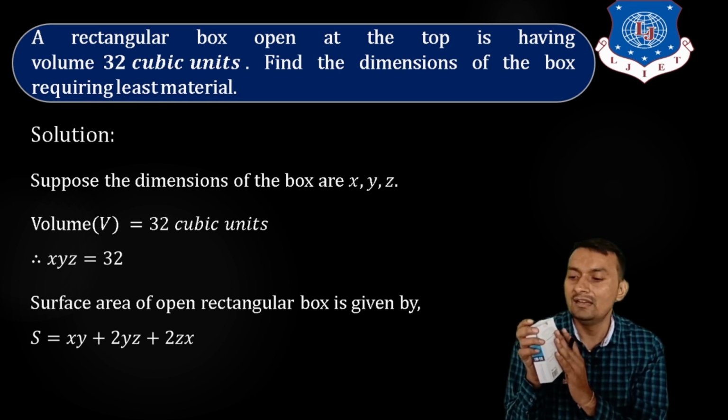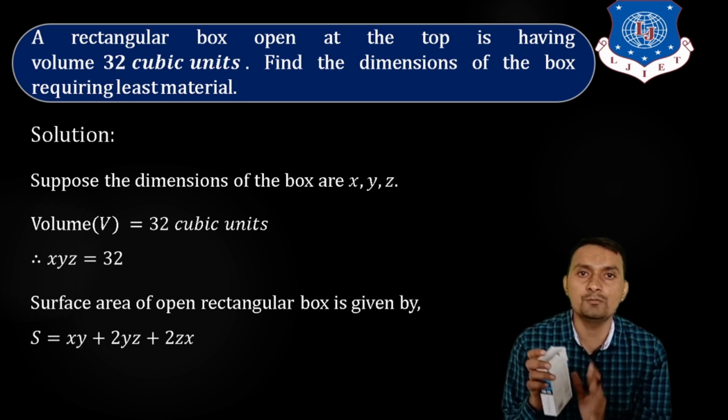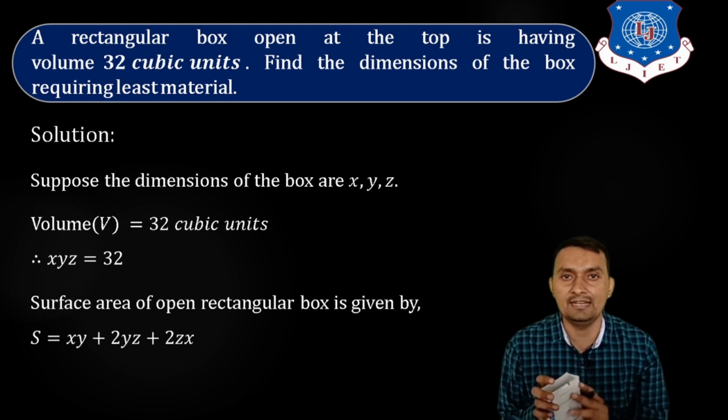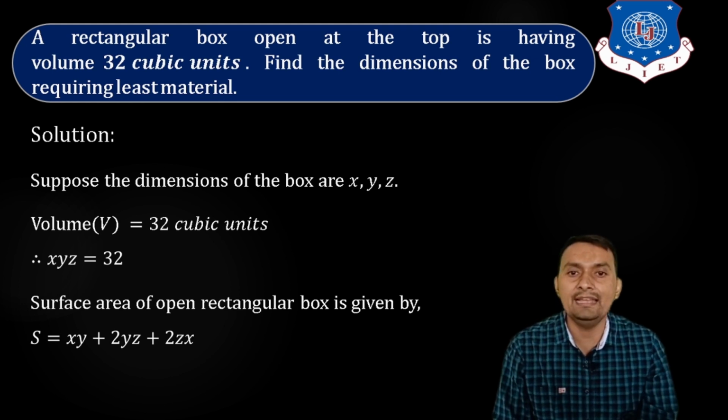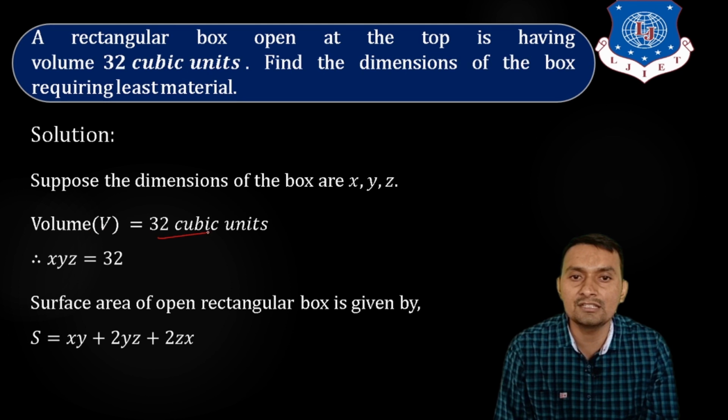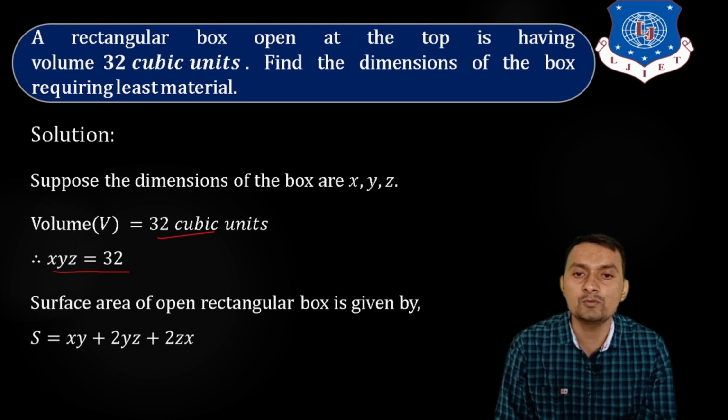So how many dimensions should there be so that the volume is 32? That is our target. Here you can assume the volume is 32 cubic units, so xyz is equal to 32. The surface area of the open rectangular box will be this one.